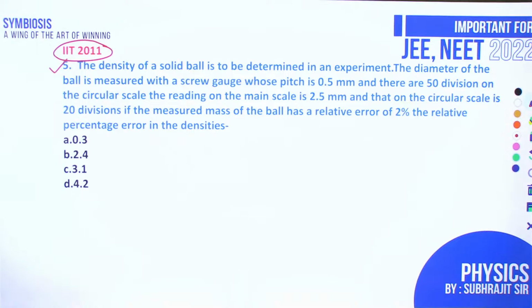The reading on the main scale is 2.5 millimeter, and that on the circular scale is 20 divisions. If the measured mass of the ball has a relative error of 2%, then the relative percentage error in the density will be. Four options are given on the screen.